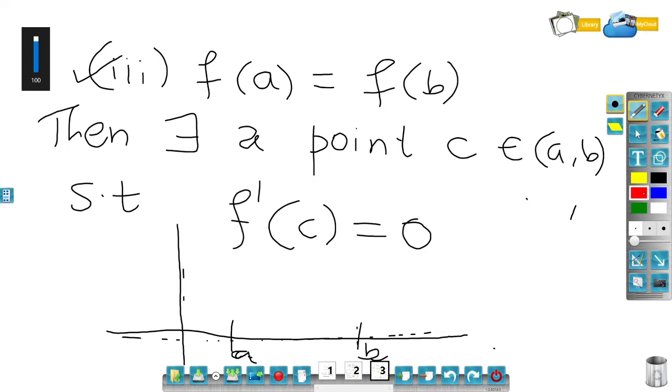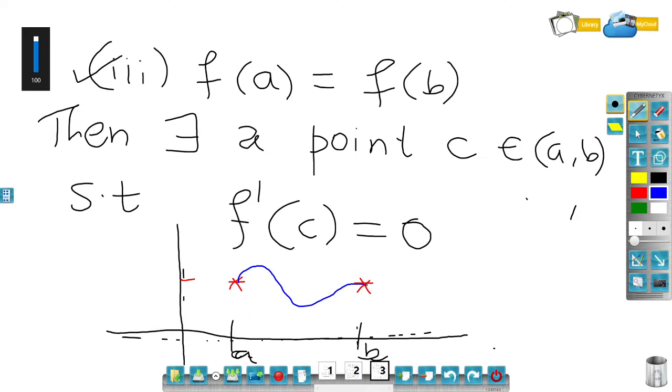Suppose this is f(a). Similarly, f(b) must be at the same height. These two points I have to join with a continuous and smooth curve. So I can join by any curve. One may join by a straight line, so that could be a constant function.